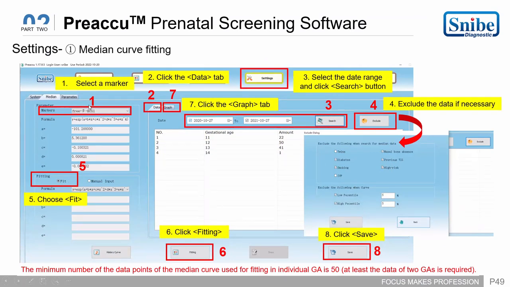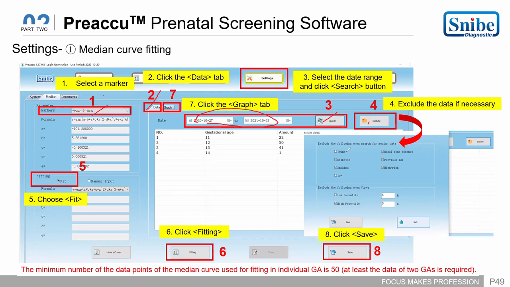And if you want to check the parameters, first of all, you have to go to the median, and then you have to select the markers. After selecting the markers, you have to go to the data. And after going to the data, you have to search with which dates you want to search the median curve fittings. So once you have selected the dates, then you have to exclude.